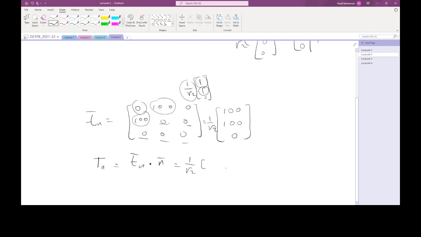This is the dot product, so you need to write this guy as a row matrix. Okay, so just to do the dot product. So it is 100, 100, and 0 multiplied by 1 over square root of 2, 1, 1, and 0. This is the normal. So you have 1 over square root of 2 multiplied by 1 over square root of 2.